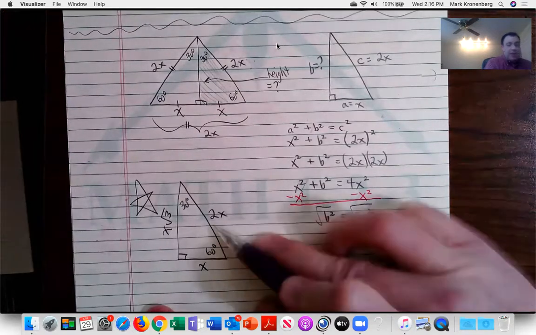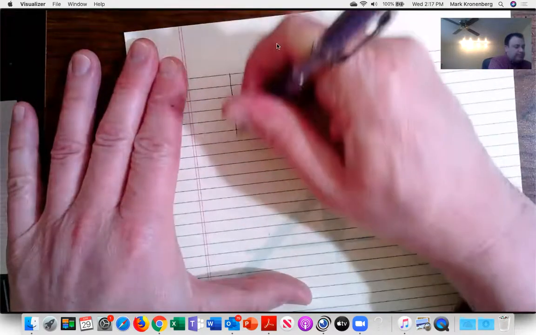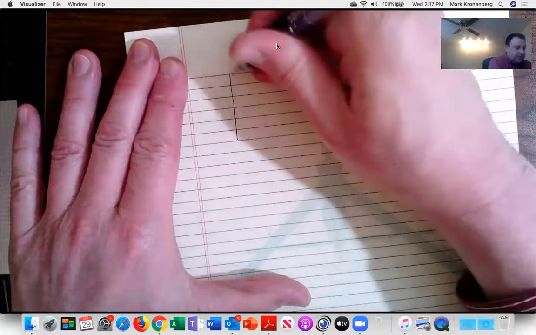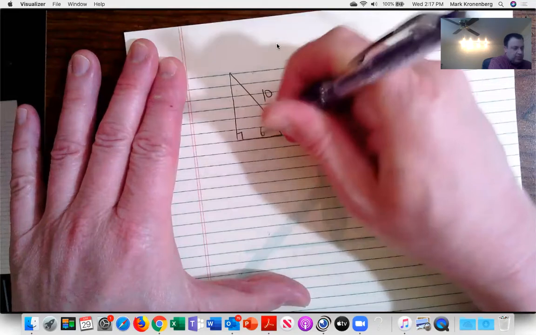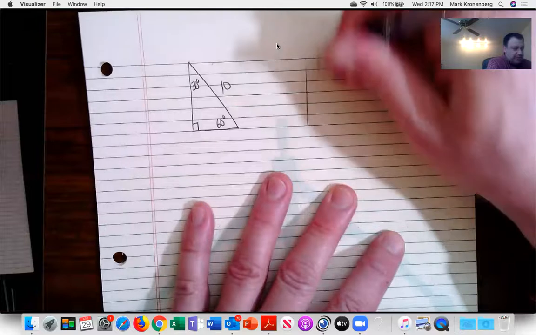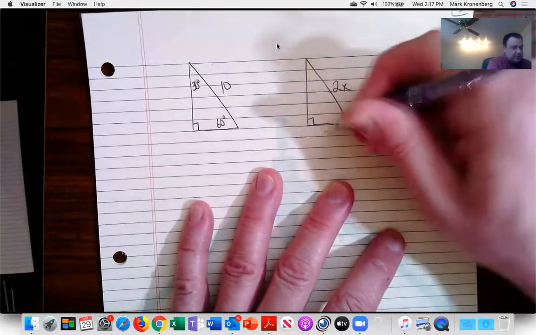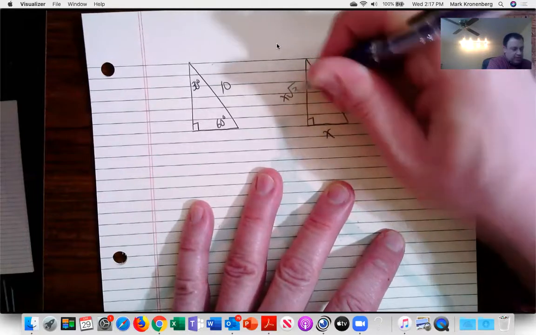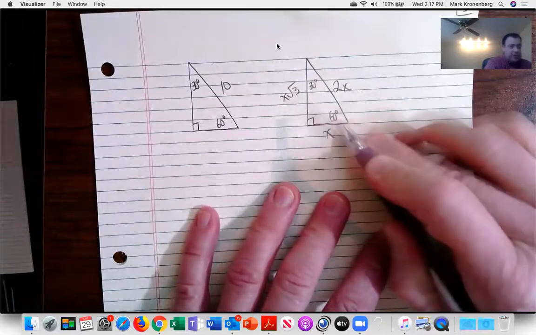So short leg is x, the long leg is x root 3, and then the hypotenuse is 2x. So let's see how we can apply this pattern. Let's say I gave you a 30, 60, 90 triangle, and the hypotenuse is 10. Using the pattern for a 30, 60, 90 triangle, let's look at these side by side, it might be helpful. So 2x, x root 3. x is across from 30, x root 3 is bigger, across from the bigger acute angle, 60.